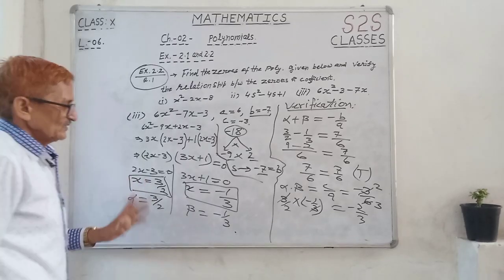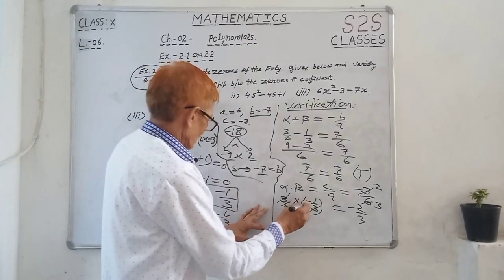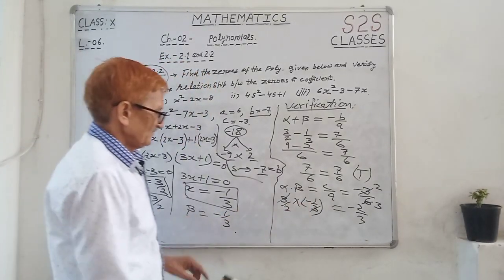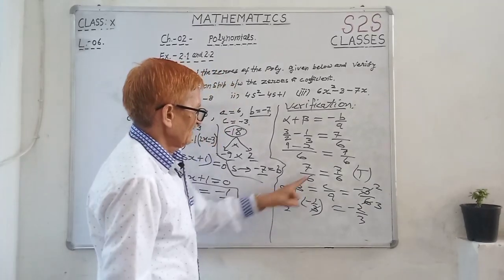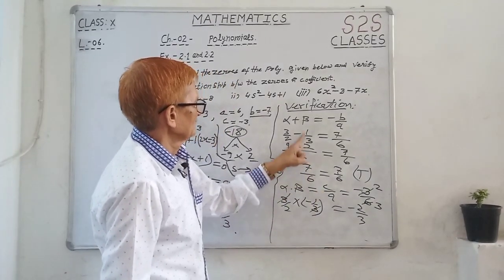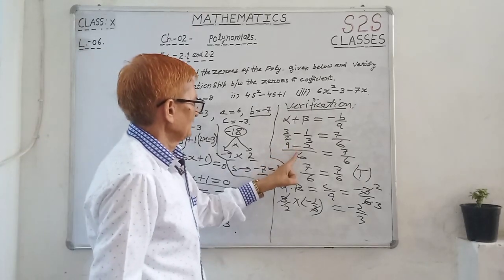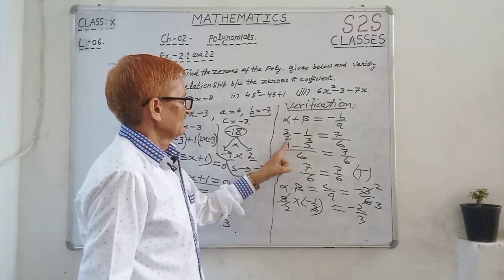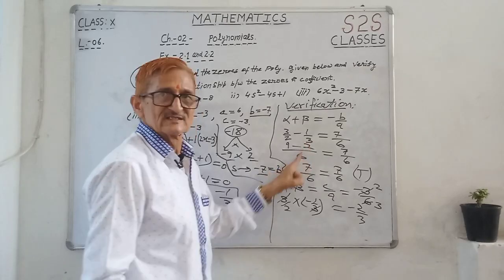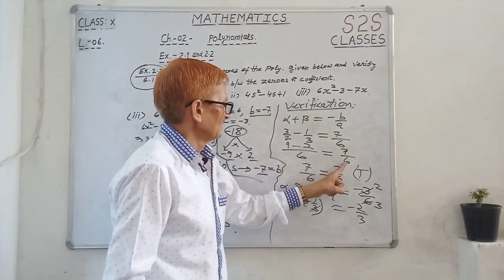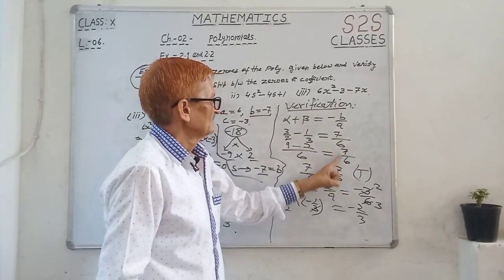So 3 by 2 into 1 by 3, this cancels. Now check here. Alpha plus beta, 3 by 2 and minus 1 by 3. LCM 6, then 3 3s are 9, minus 3 2s are 6, okay. And this is 7 upon 6.